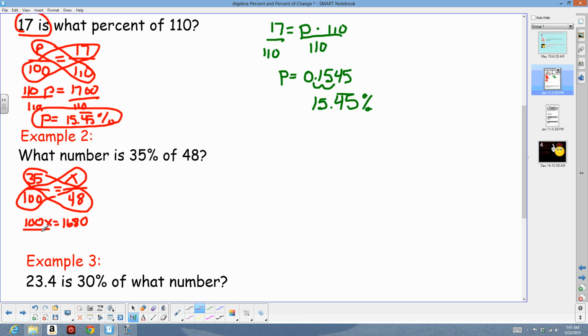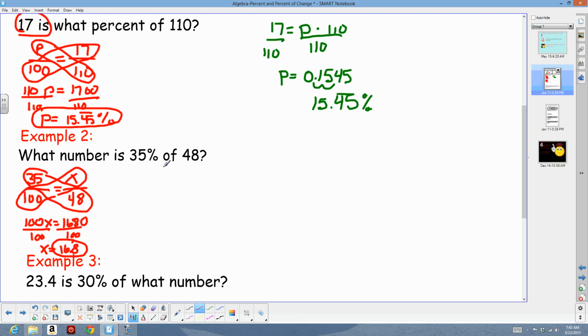Now divide both sides by 100. When you divide by 100, you move the decimal 2 places to the left. So x is going to equal 16 and 8/10. So that's with the percent proportion.